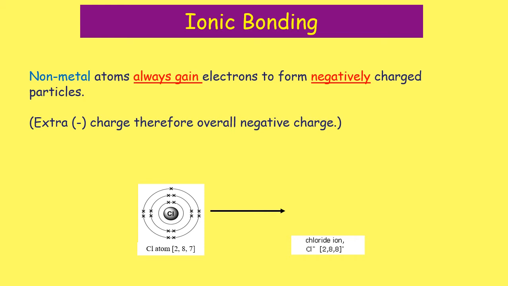It is 2,8,7. When it forms a chloride ion, well, it could give away 7 or it could take 1. It's easier for it to take 1 than give away 7, so it does that. And it ends up with 8 electrons in its outer shell. Because it has gained 1 electron, it becomes a 1 negative ion.